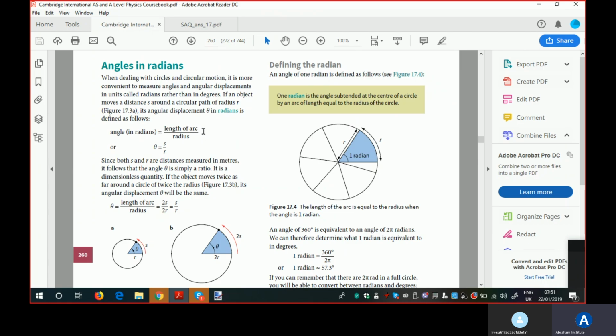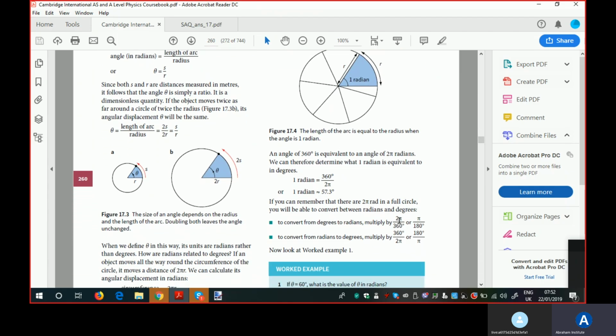So you get 1 radian when the arc length is 1 and the radius is 1. The unit here should be the same as the unit here. So if the length of the arc is equal to the radius of the circle, then the angle is 1 radian.